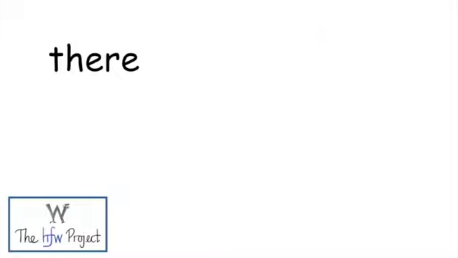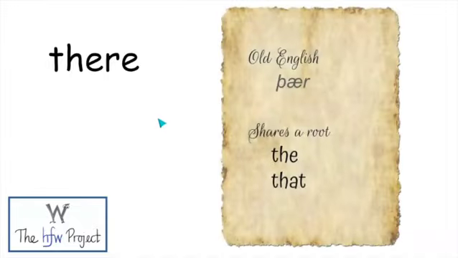Let's look at the word there. There has an interesting story with it, just like where did. I want to draw your attention to its Old English spelling. And first thing I want you to notice is this letter right here. This is not the letter P. In fact, in Old English, they had a different alphabet, and this alphabet letter was called thorn.